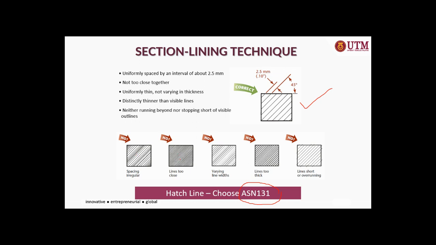And it shouldn't be something like this, which is almost like a dark color, where the lines are too close together. And this one has many different widths of line, and this one the line is too thick, almost similar to the visible line. And this one has the hatching going over the visible line. So this is not good. So if you choose ANSI31, you should be safe.